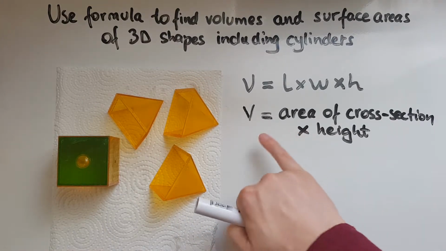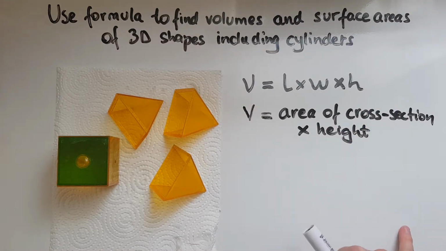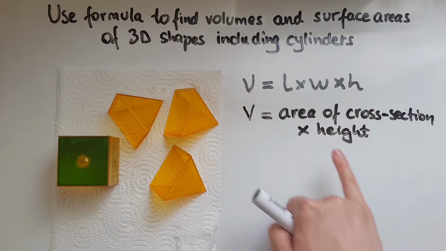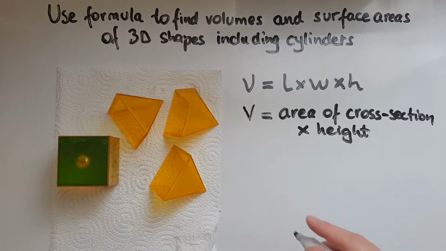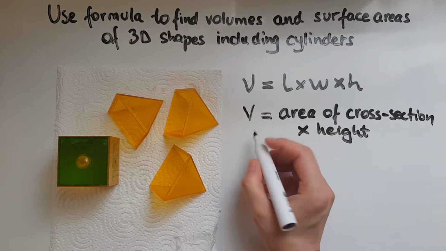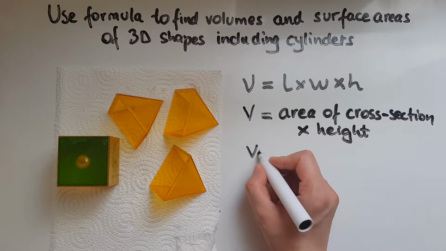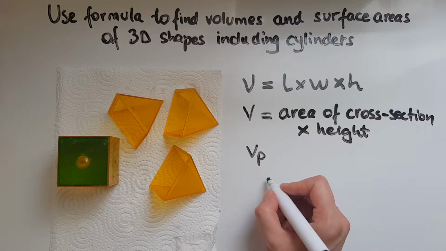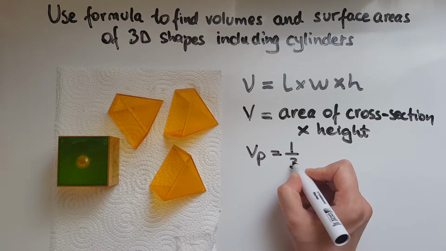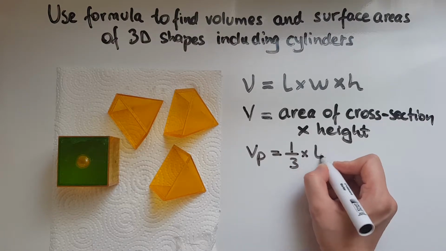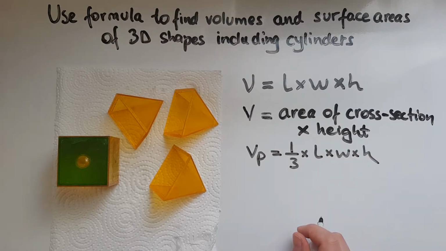Having the volume of the cube, which is length times width times height, or volume equals area of cross section times height, I can say that the volume of the pyramid is equal to 1/3 of length times width times height.